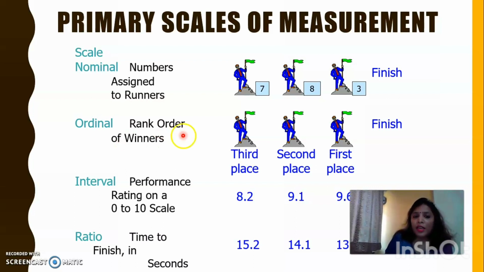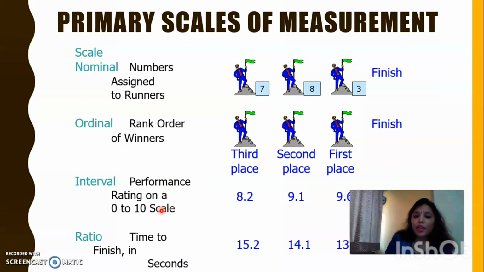This particular scale will tell us whether one racer possesses more of a characteristic or less of a characteristic. So if I talk about the apples example, this could be the taste of the apple. One apple which has a very sweet taste could be placed first in the order, followed by the second apple which is less sweet, and third apple which is even less sweet. So ordinal means where we are connected with a particular order.